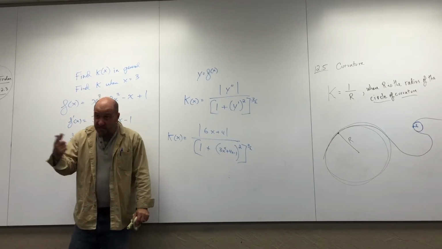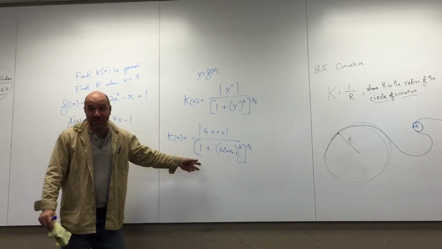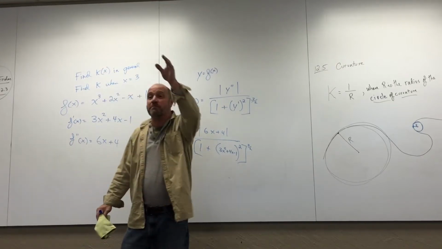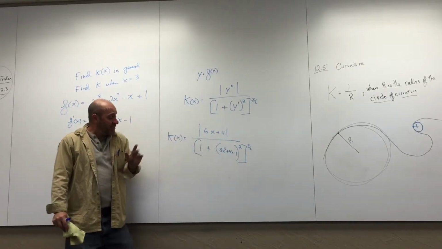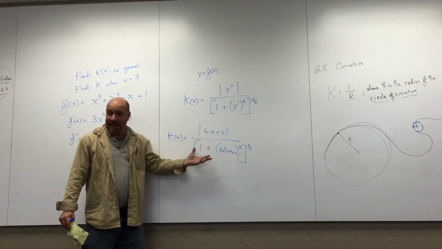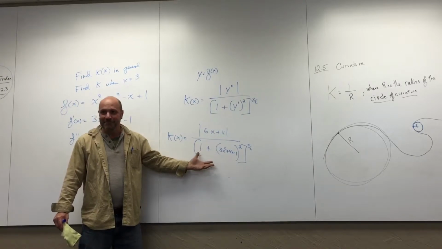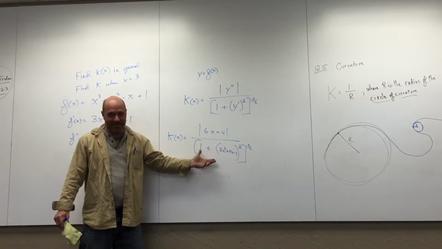Sometimes it's interesting to take a look at the graph of the curvature function. You might want to see when the curvature is a max, when it's a min. That's a little bit of a challenge. I didn't really mean you had to do that right now, but it's a bit of a challenge to type this in your calculator to look at this graph. You're sophisticated math students.